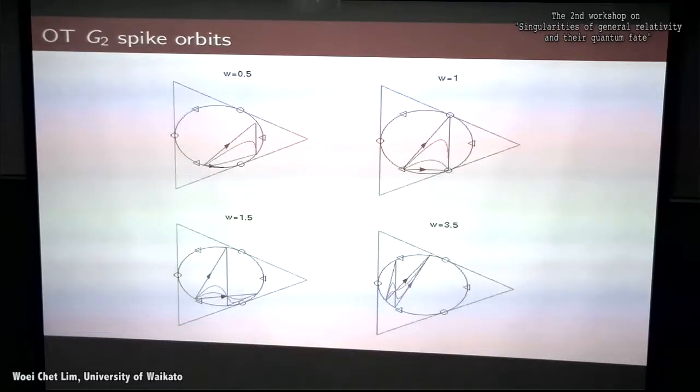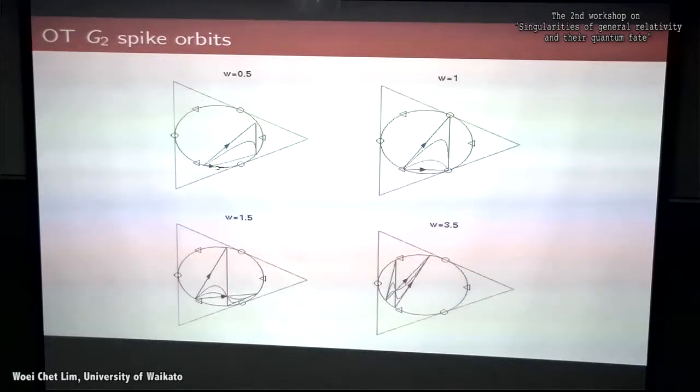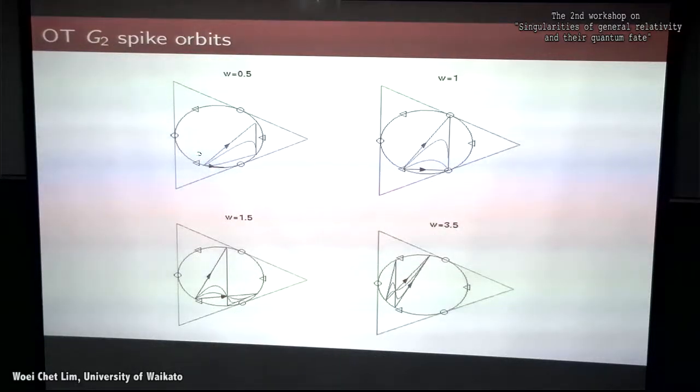Okay, let me describe the spike dynamics. So again, we have the sigma plus, sigma minus state space. The spike orbits, well, as an inhomogeneous solution, here I've plotted different orbits along different world lines.